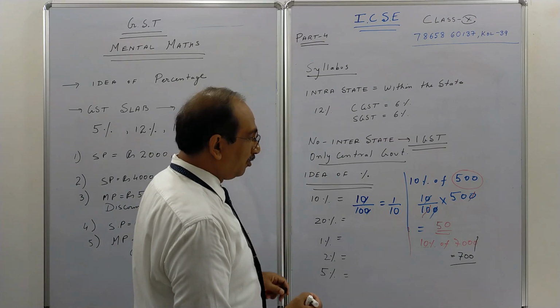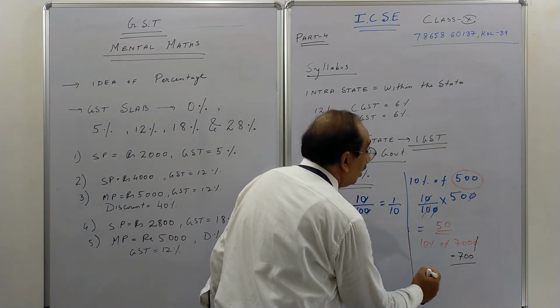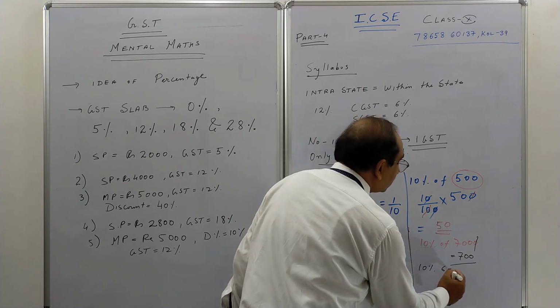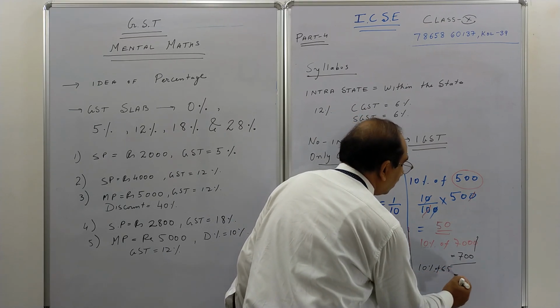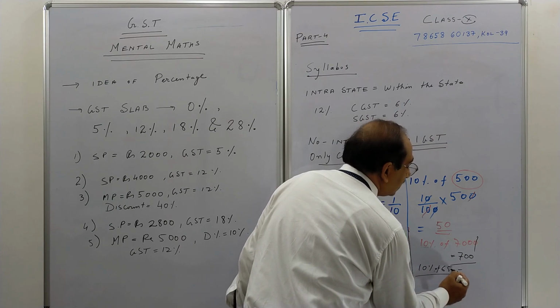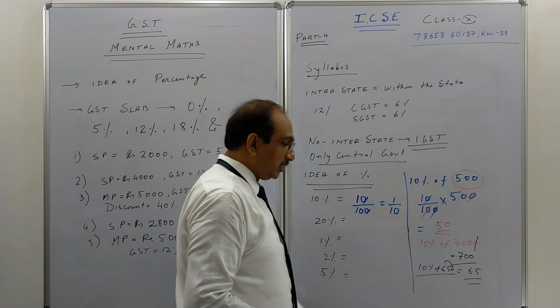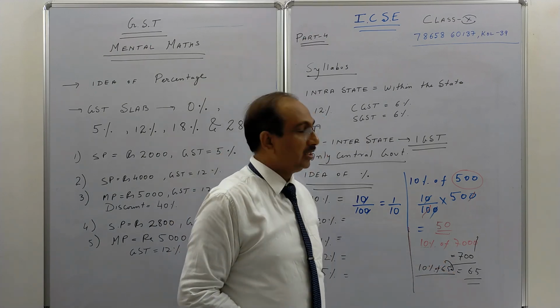Suppose, one last thing, if it is 10% of a number where there is no 0, 10% of 65, what we will do, the decimal which is at the end will come here, 6.5. So if there is no 0, the decimal will come one place this side.